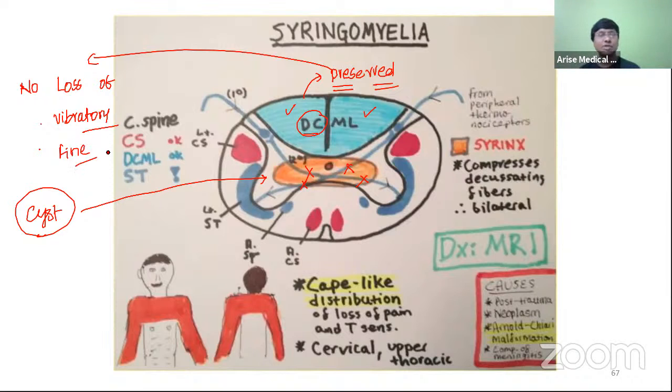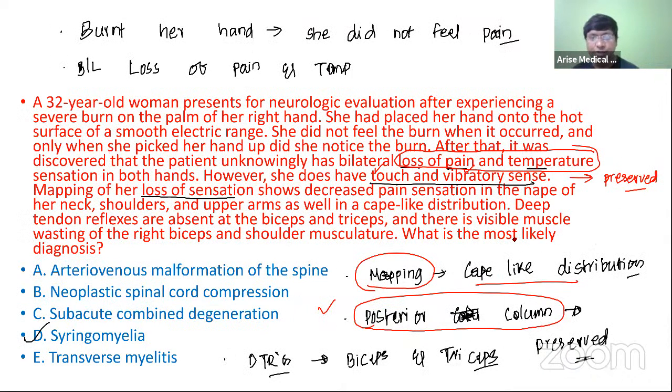There is no loss of pressure sensation. There is no loss of conscious proprioception. That means the posterior column sensations, the dorsal column sensations, are preserved. That I have explained to you now. So I have explained why the posterior column sensations are preserved.